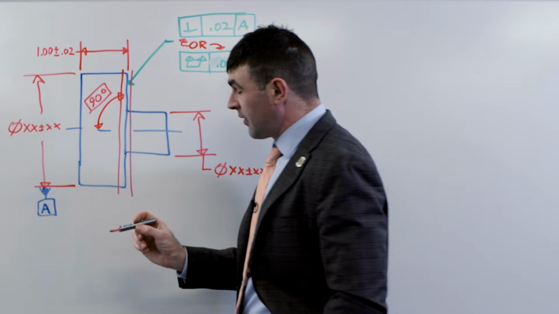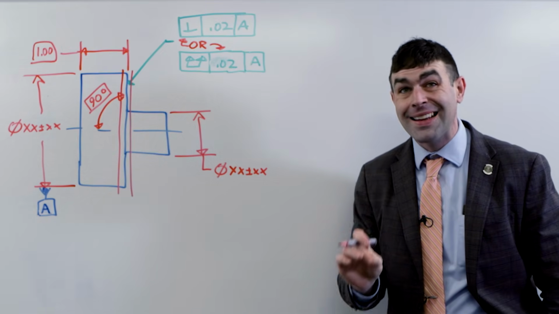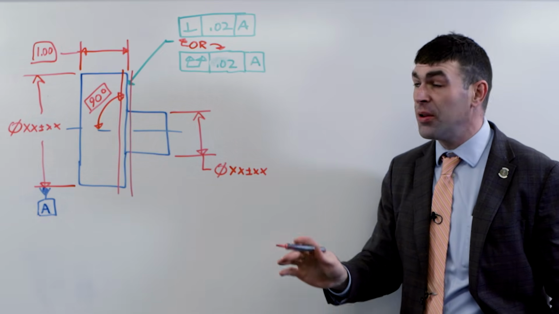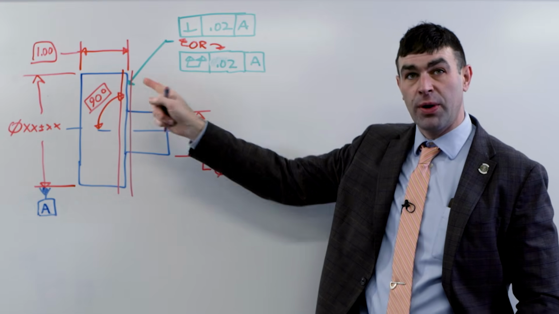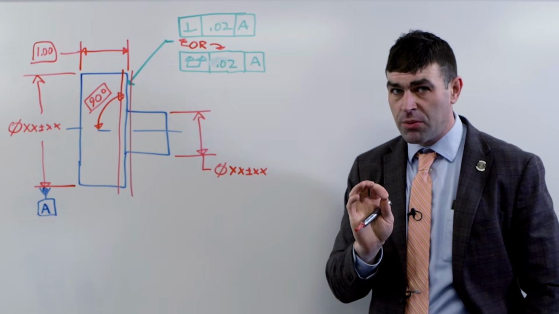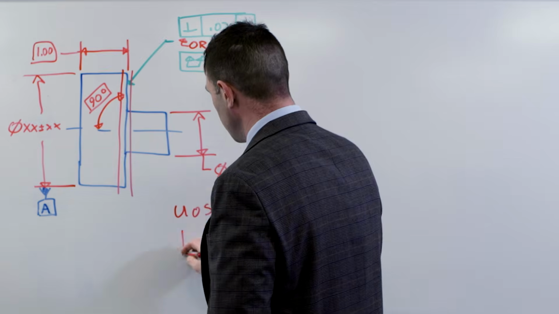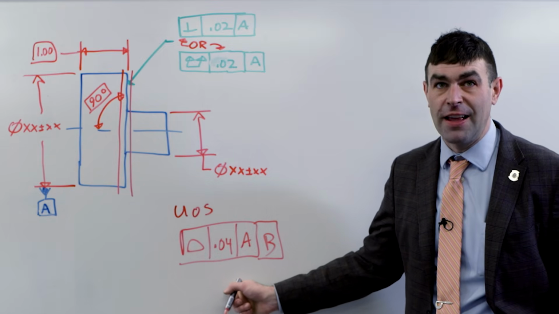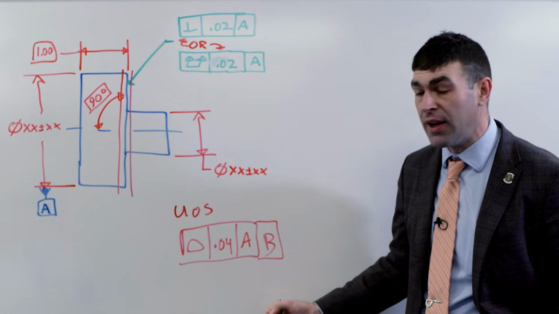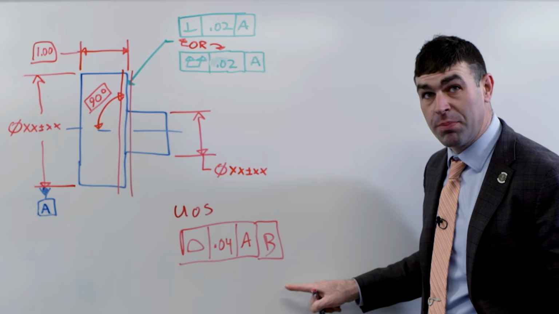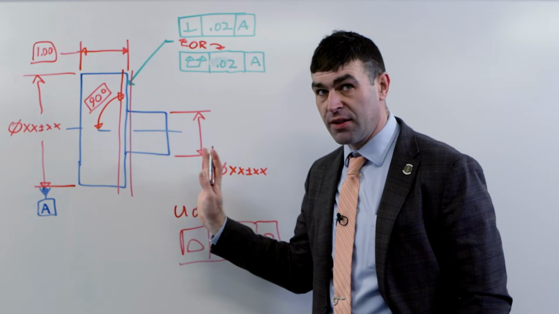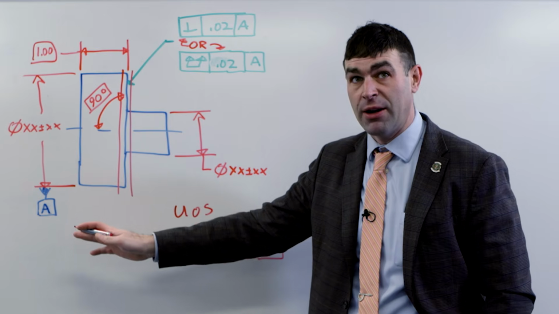If this is basic, now we have a problem. Now there is nothing controlling the location of this surface. A lot of times this is not a problem because we'll have an unless otherwise specified profile. We would need a datum B, because if we're going to locate this surface, it's got to be located left and right relative to something.